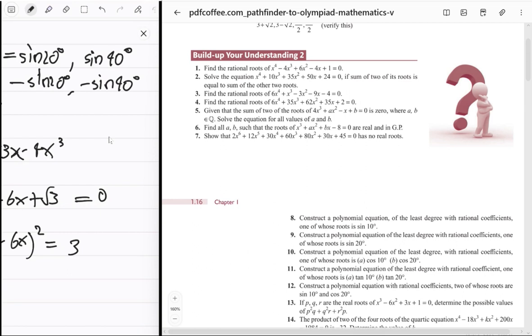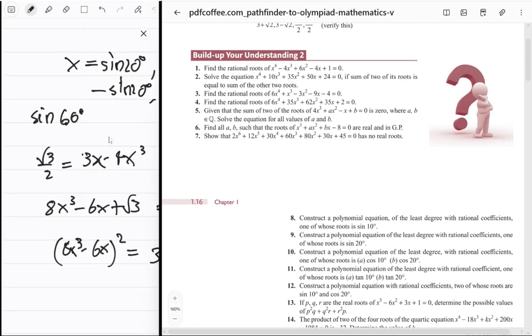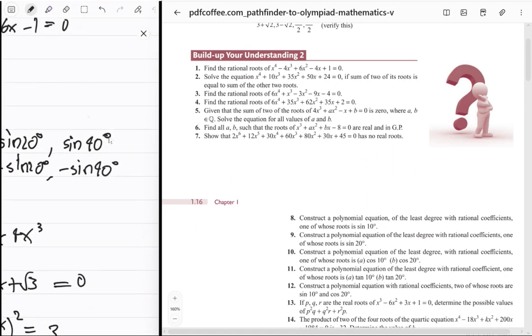360 degrees plus 60 degrees, that's just 420 degrees, half of that is 210 degrees. That will also work. Sine of 210 degrees, which is negative sine of 180 plus 30. What? No. Why is this happening?